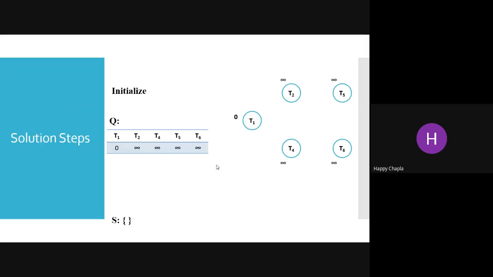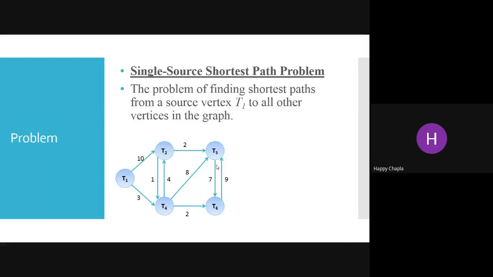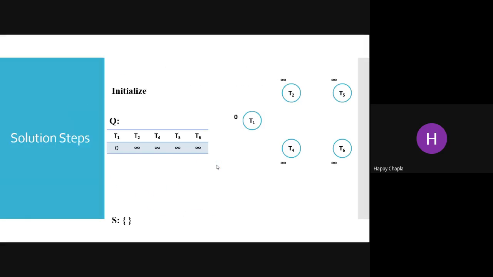Okay, so using Dijkstra's algorithm, we can solve this problem. According to that particular weight, we write down the matrix with a zero initialization and infinite distances.